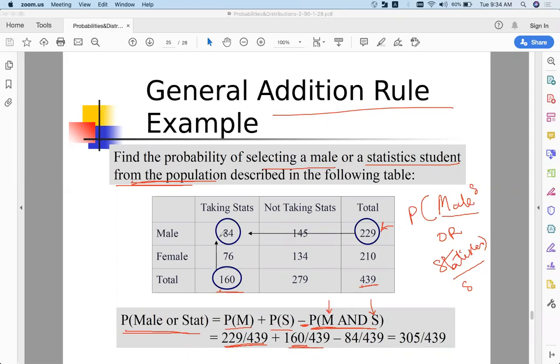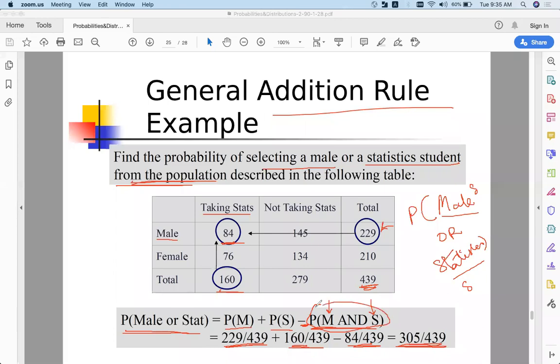That is 84 divided by 439. So the answer is 305 divided by 439. Okay, any questions on this? We solved this in the beginning of the class.